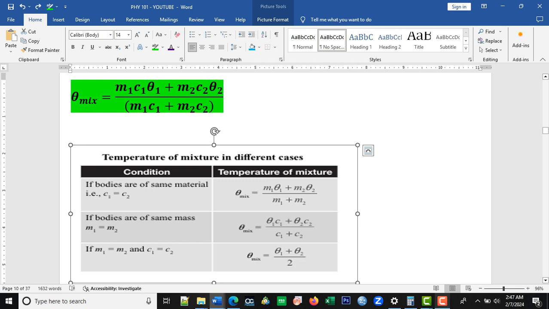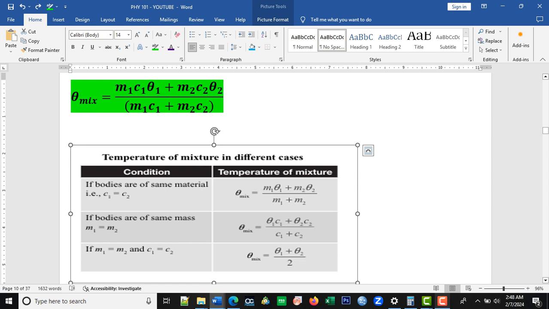Looking at the first one, if the specific heat capacity is the same, then in that expression, the specific heat capacity would be cancelled out and others would be left. The same thing happens to masses. If you have the same mass M1 and M2, then it will cancel out and that expression would be left with θ mix equals θ1 C1 plus θ2 C2 all over C1 plus C2.